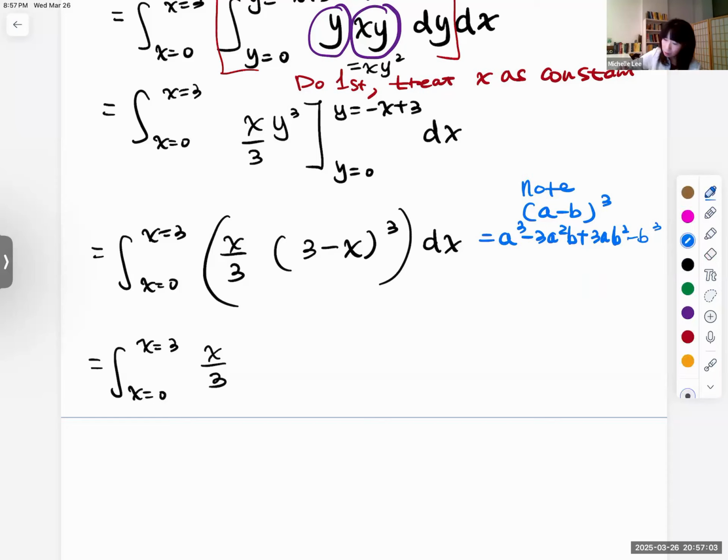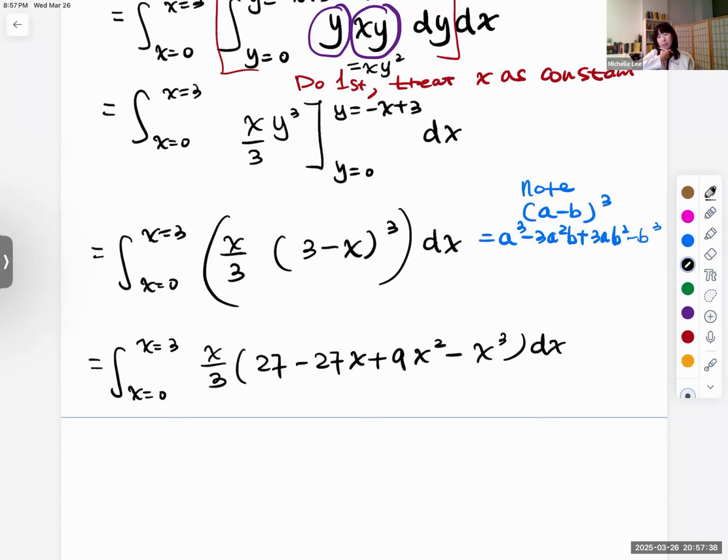All right, let's do it. The first one, third power, so 27. And minus 3 times a squared, so 27 again, times x, plus 3 times a times b squared, so 9x squared, minus b cubed, which is x to the third power, right?